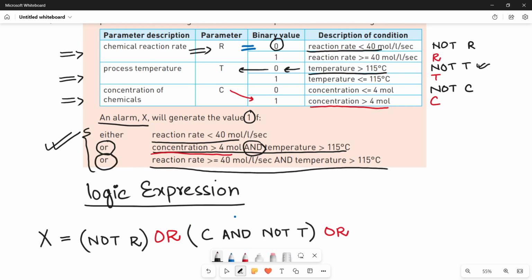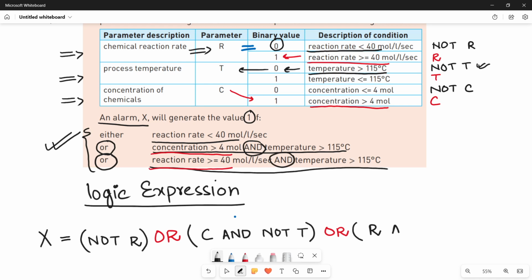Okay, so for the third condition, look at here. Reaction rate greater than 40. Go to R. See, when reaction rate is greater than or equal to 40, it means that the value of R will be 1. So we can simply write R in the logic expression. Then there is AND.